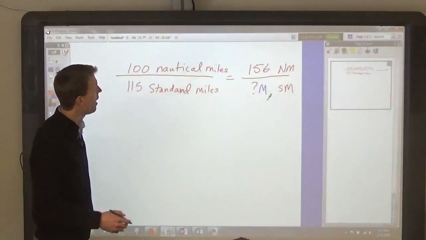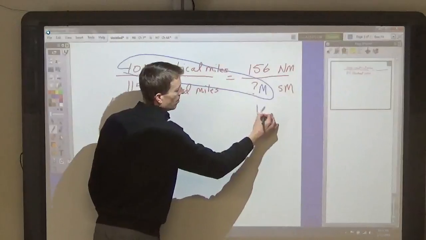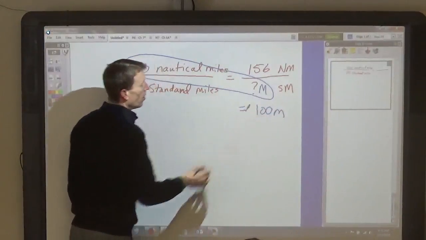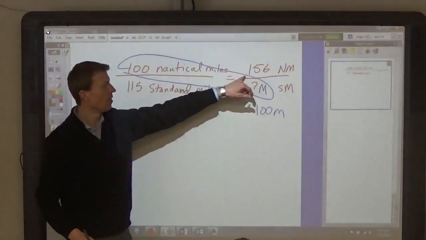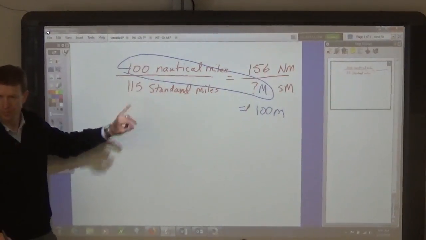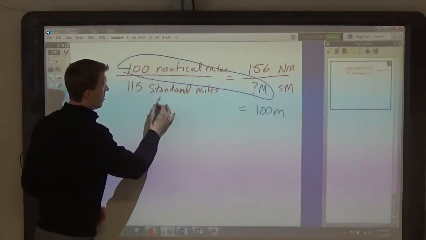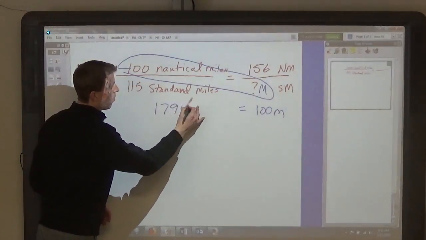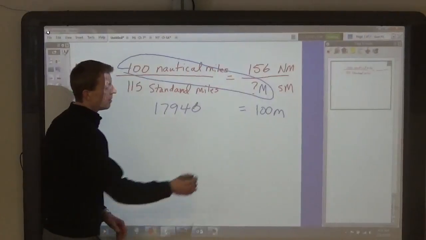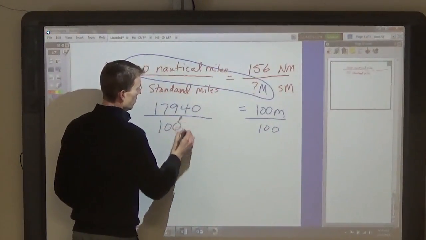Then cross multiply. So 100M equals the product of 156 times 115. What is that? 17940. Divided by 100.